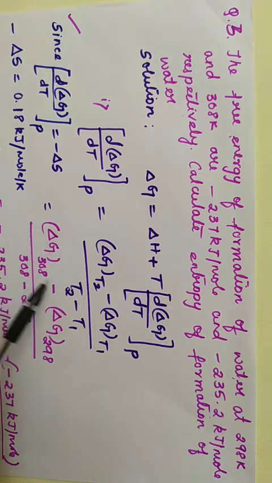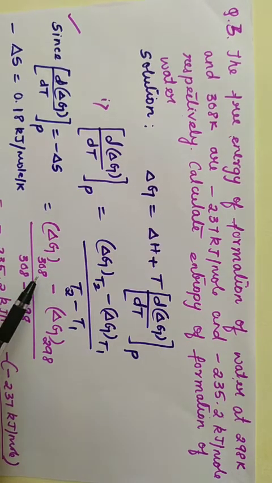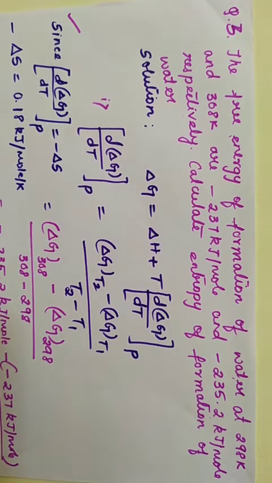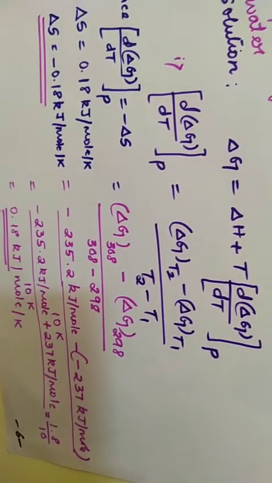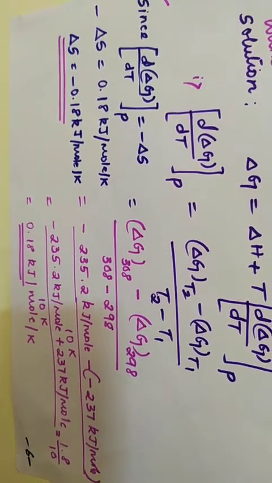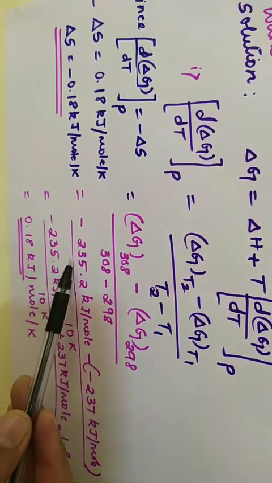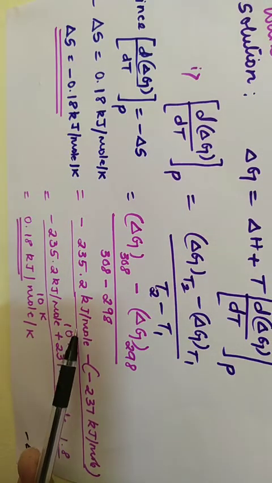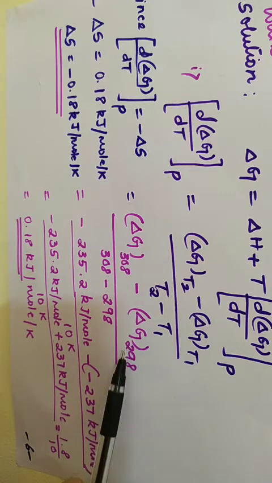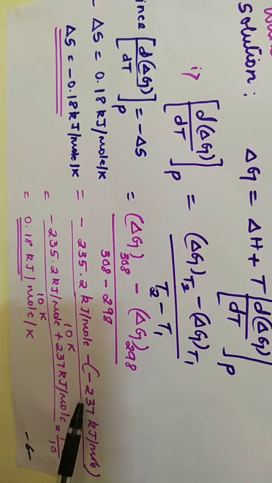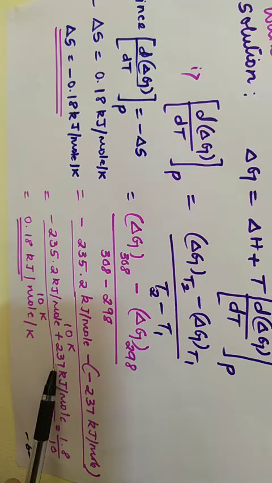And substitute the free energy of formation at temperature 308, which is given according to the data. It is minus 235.2 kilojoules per mole, and the free energy of formation of water at 298 Kelvin is minus 237 kilojoules per mole. So minus of minus will become plus.